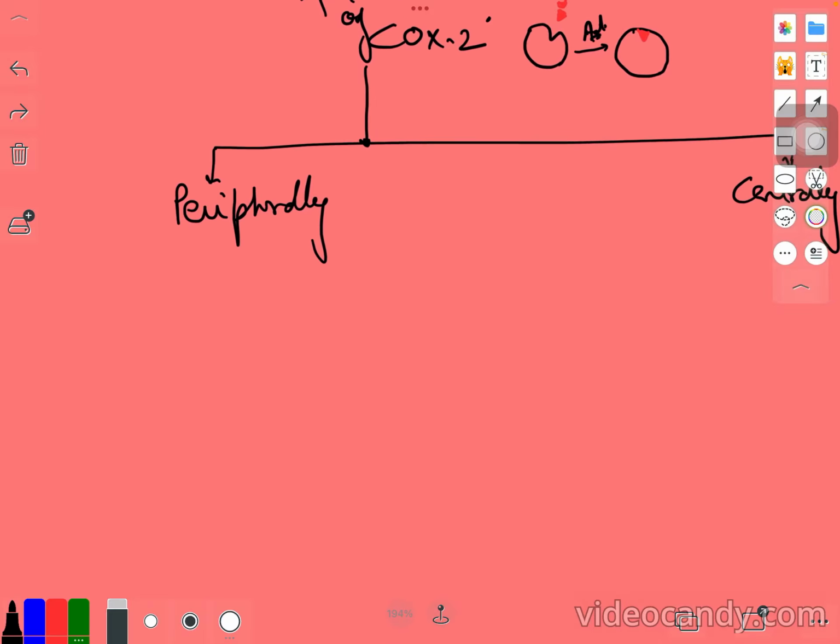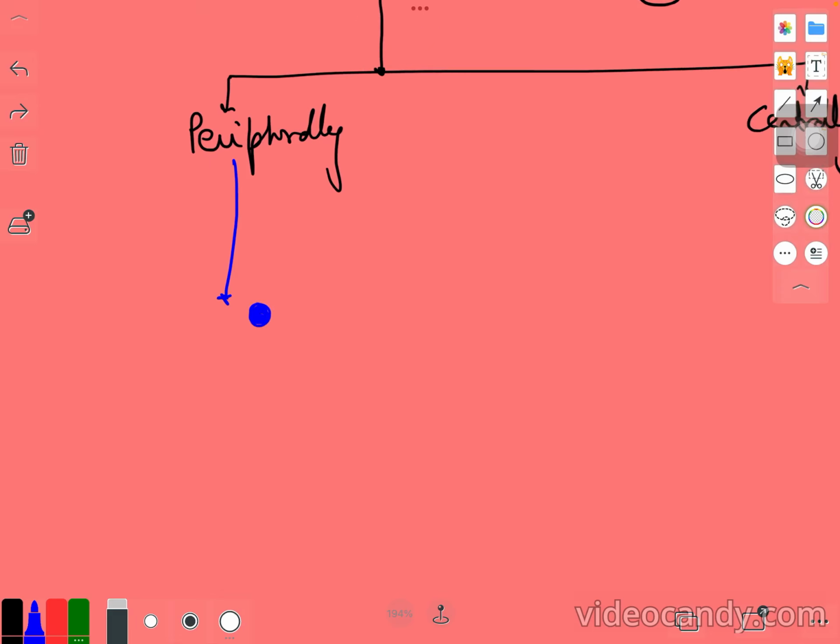Activation of COX enzyme peripherally will cause activation of the arachidonic acid pathway, and it will lead to formation of the prostaglandin molecule, that is your PGE2. PGE2 is a very potent pro-inflammatory molecule. There's also one more, PGE1, which is anti-inflammatory.